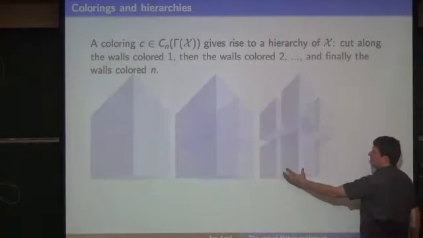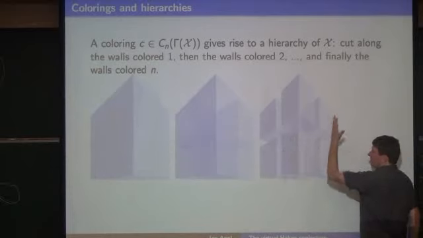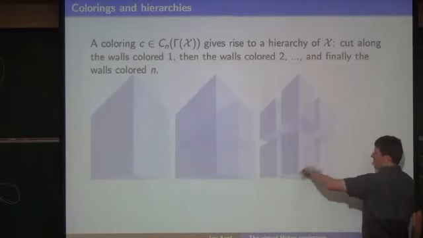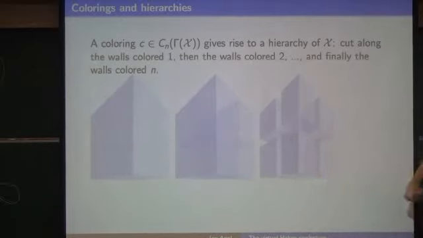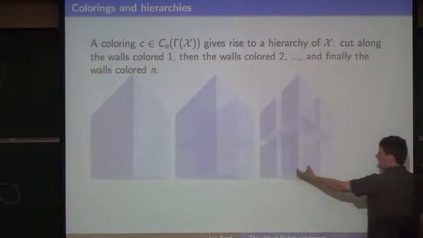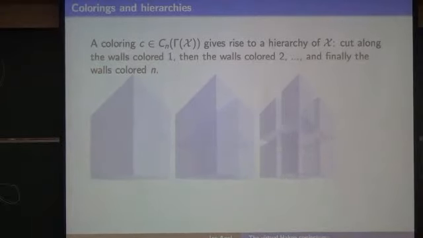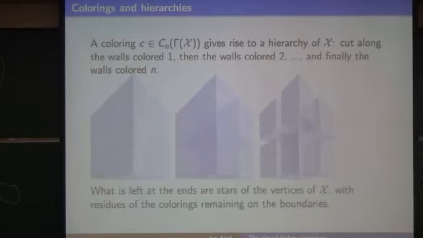So if there was another cube here, these would be attached, but we'd have cut all the hyperplanes abutting that vertex, and you're left with a star of the vertex. So when you cut along all these, you're just left with stars of the vertices of the cube complex X.